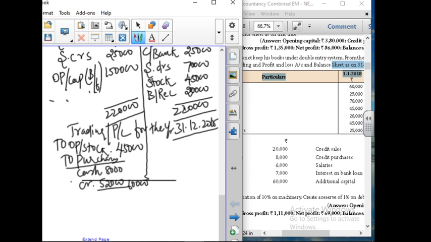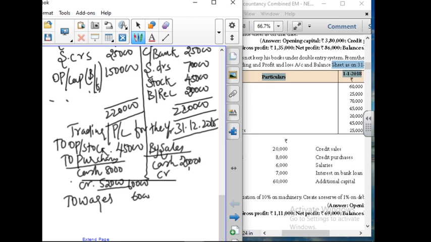Next is your wages. So To wages, it is 6,000. Under the credit side, By sales, it is cash 20,000.